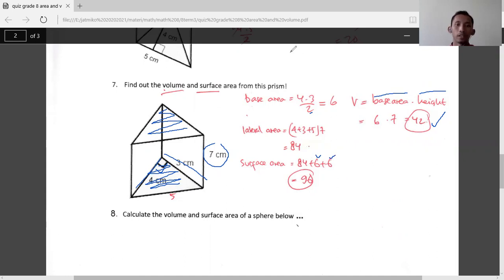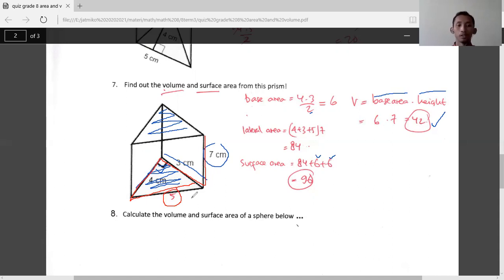The lateral area, if you open it, becomes one longer rectangle, where the width is 7 and the length is 3, 4, and this part. So what you have to do is find this side.